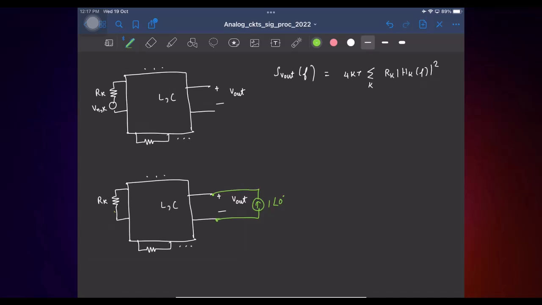So now if I look at the phasor current IK here, what will that be? We are applying a sinusoidal current with an amplitude 1 and initial phase 0. It will be hk of f, right?